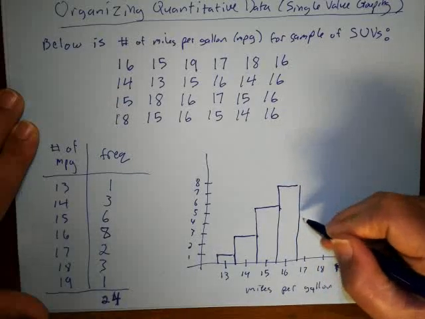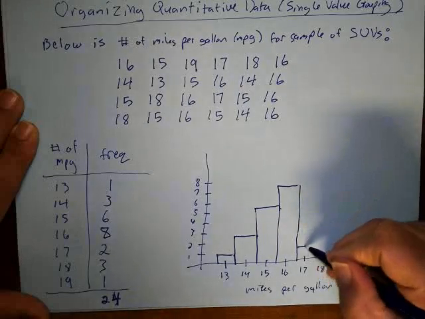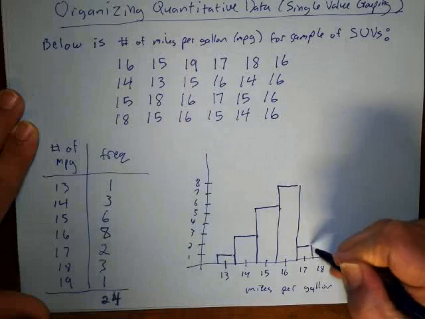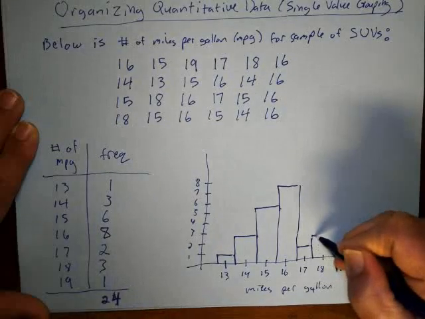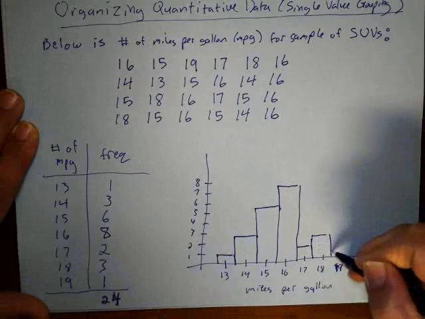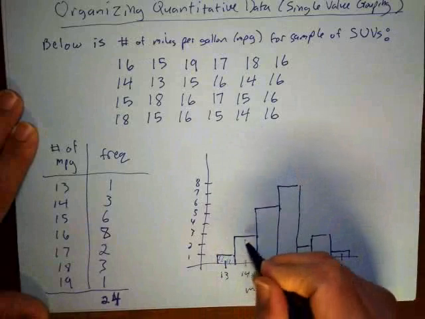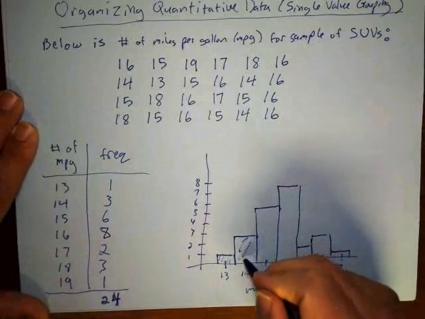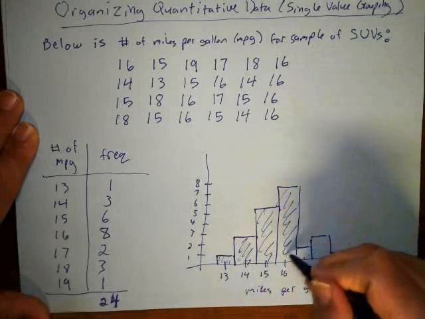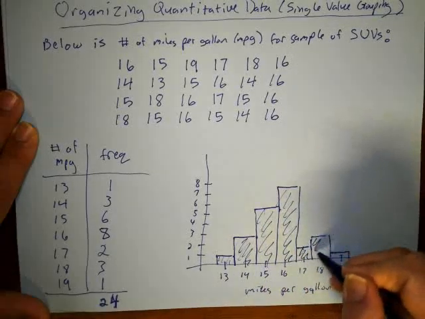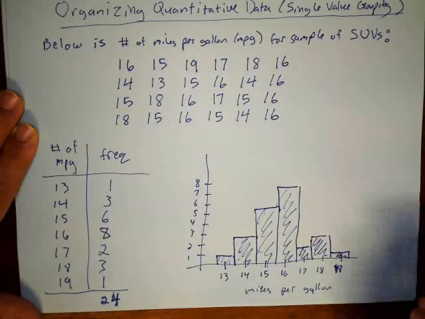And then 17 goes up to 2. 18 goes up to 3. And then 19 goes up to 1. So something like that. I think that's kind of what it looks like.